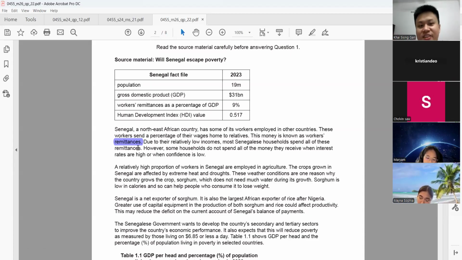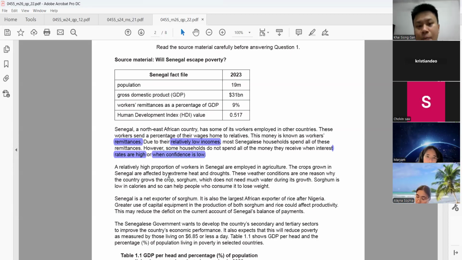So remittance. Due to their relatively low income, most Senegalese households spend all of this remittance. However, some households do not spend all of the money they receive when the interest rate is high or when the confidence is low. So there are certain situations where they change their spending behavior.